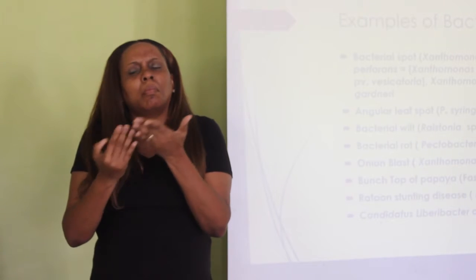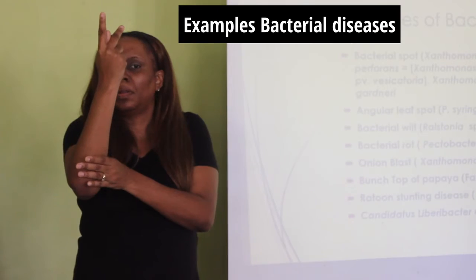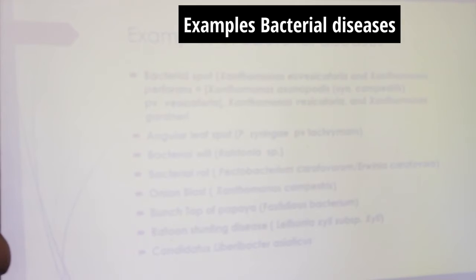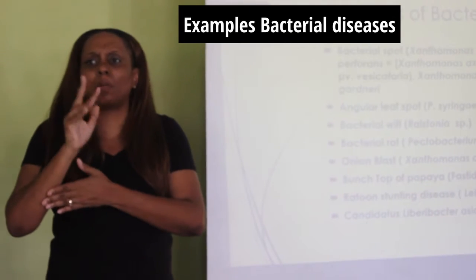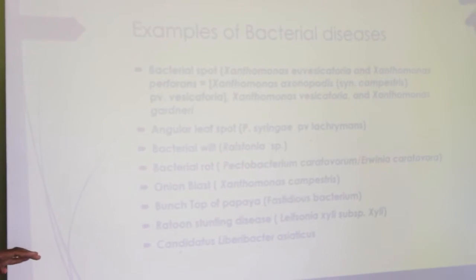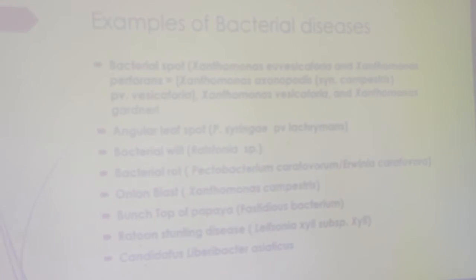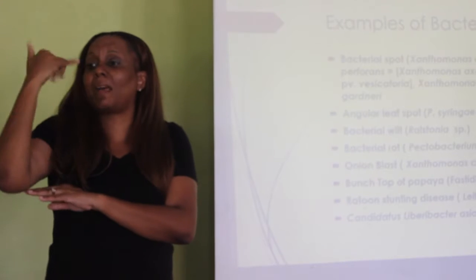For examples of bacterial diseases, we already said that we have the spotting, the onion blast, right? You can do some more research so that you can identify it. And I think we are identifying the bunchy top, right? The third one from the end, that is important. The bunchy top, we see it on your pawpaw trees, where the top of the pawpaw tree begins to look yellow and the tree begins to decline.